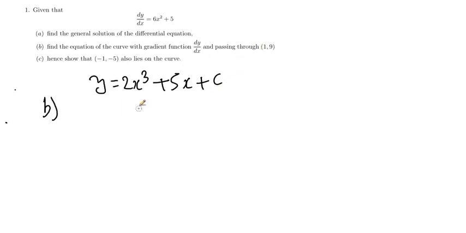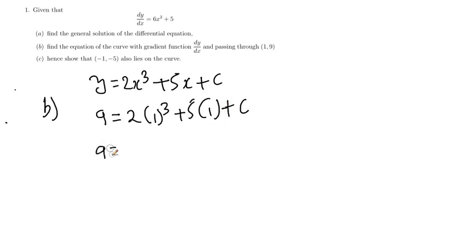So the point that has been given is (1, 9), meaning that where there is x we'll put 1 and where there is y we'll put 9. So let's proceed and do that. Where there is y we are going to put 9. This is equal to 2 multiplied by 1 power 3 plus 5 multiplied by 1 plus c.